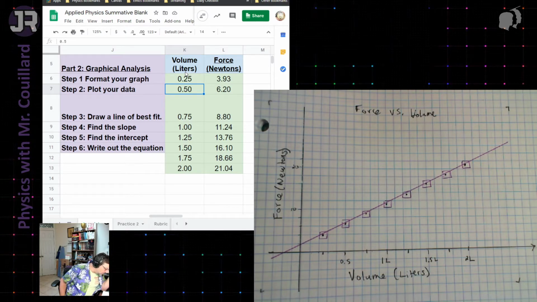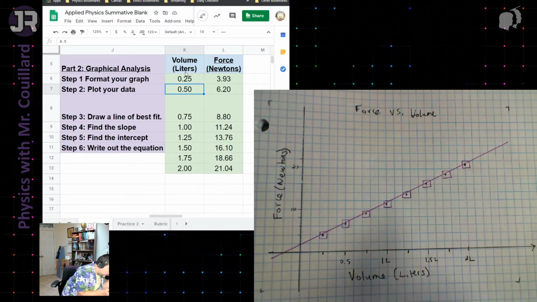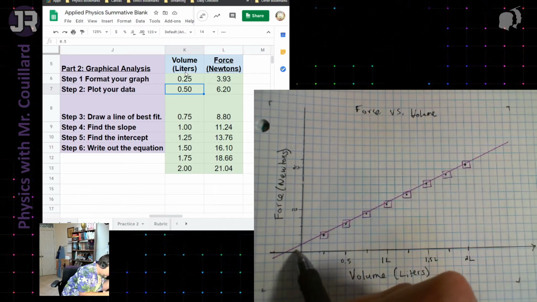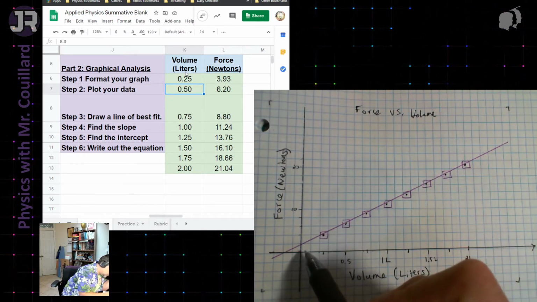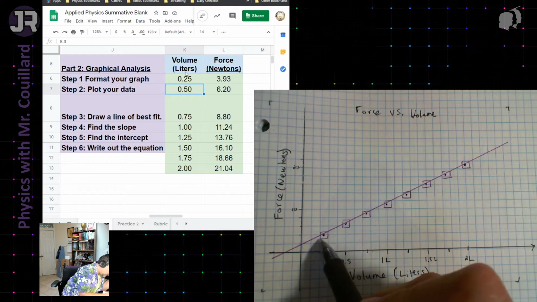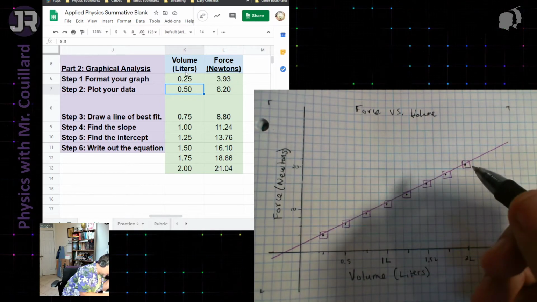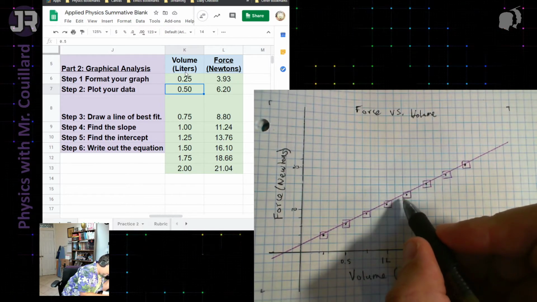To do that, we need 2 data points. So I want to look at the trend line, and I want to find 2 spots where it crosses the grid, and that will give us an indication.